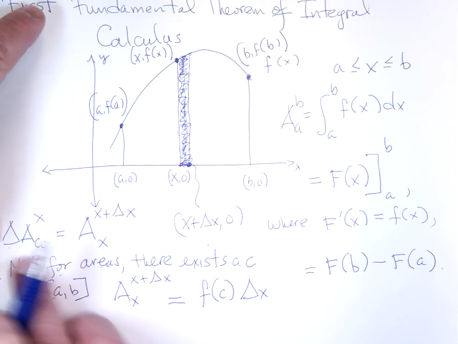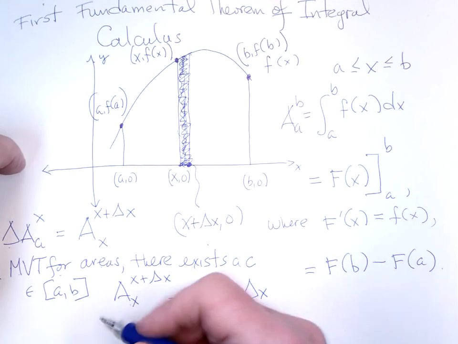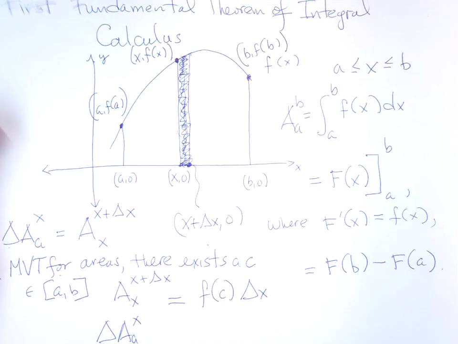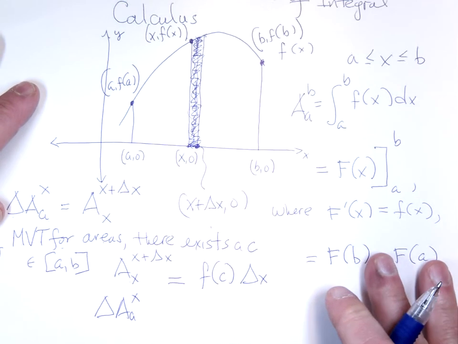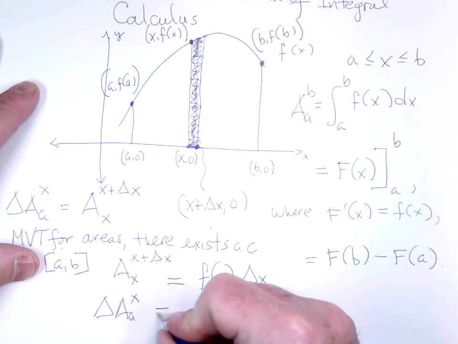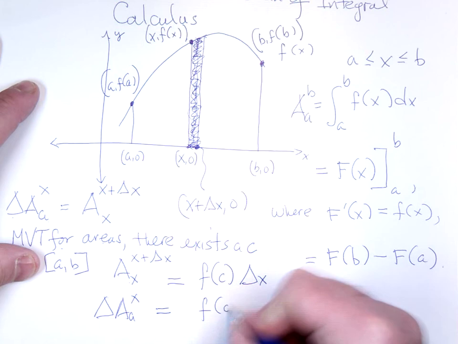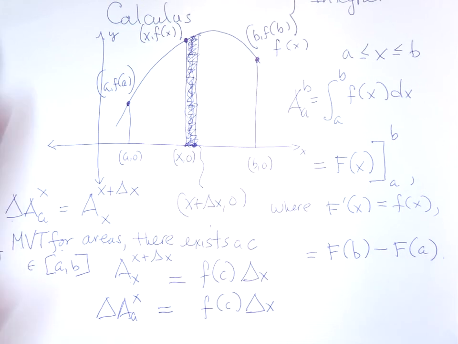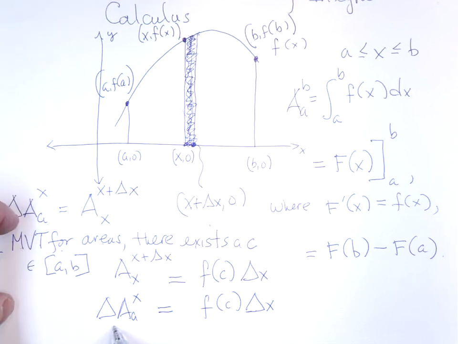The change in area. Can you still see this? Barely. Yeah, we can. Just barely, okay. Is equal to f of c delta x. All right, so here's what I'm going to do. I'm going to bring this delta x over on this side.